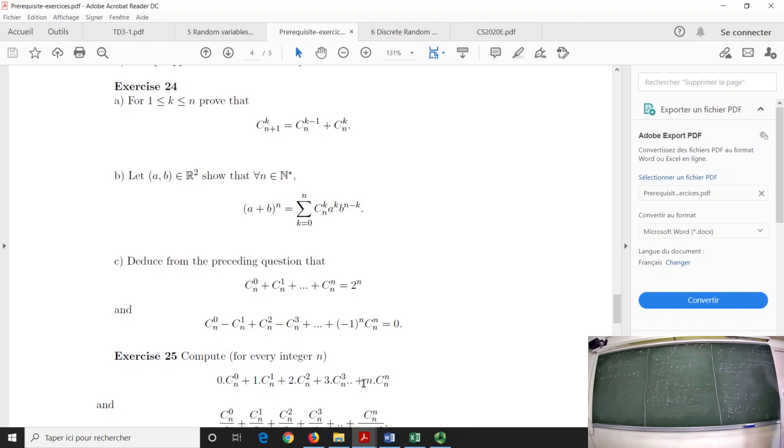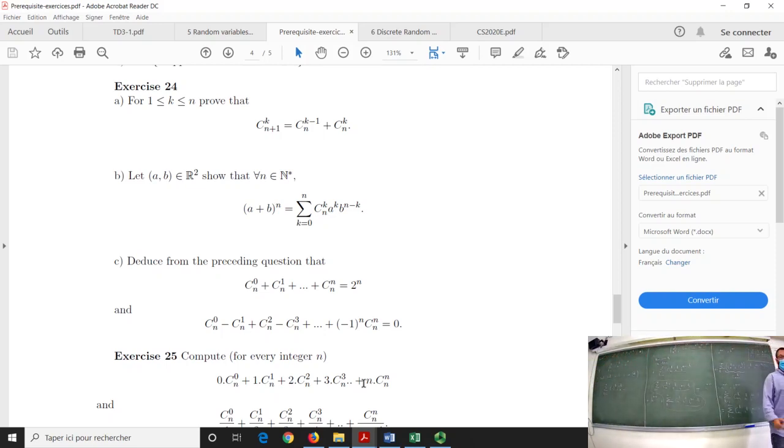Second sum here. What is the difference between this one and this one? Here I have alternance between 1 minus 1, 1 minus 1, and so on. So instead of the sum of the C(n,k) here, what I am interested in is this sum here.